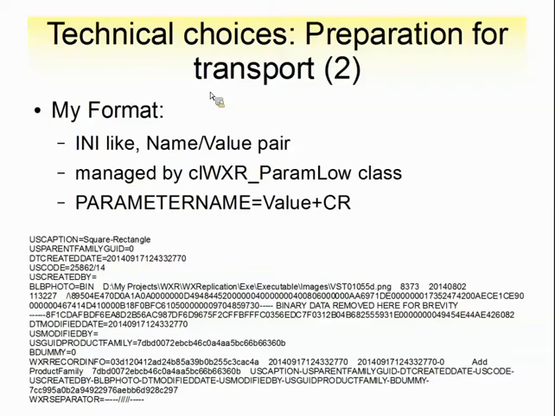This format is managed automatically for you by my param low class. You can see the name of the class, CL for class, WXR to say this is one of the classes of the WXReplication, so you won't have the same name in your program, to avoid conflict.